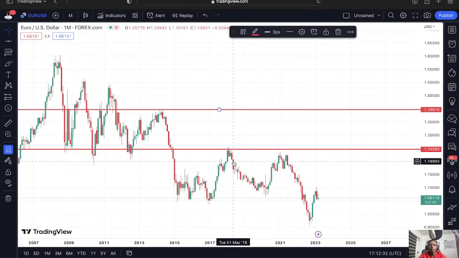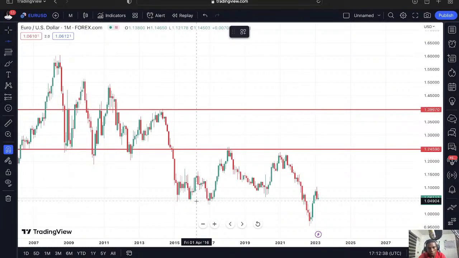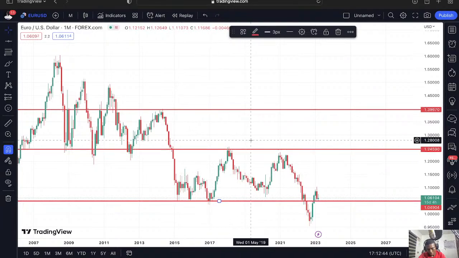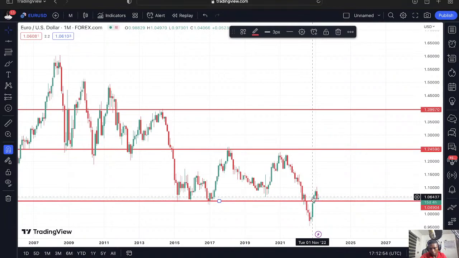You see the same thing played out here, that this same level was a support level. But finally there was a breakout of this level, and price reverted back into the support level. We can see what price is doing currently at this region.